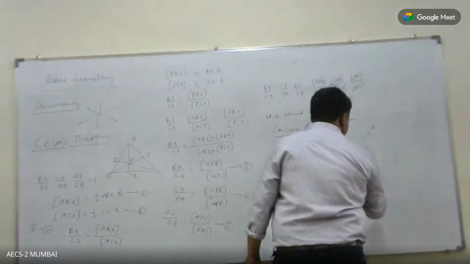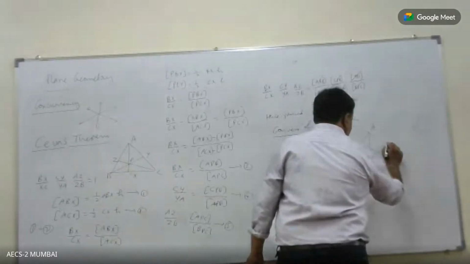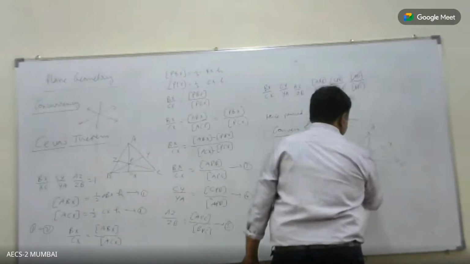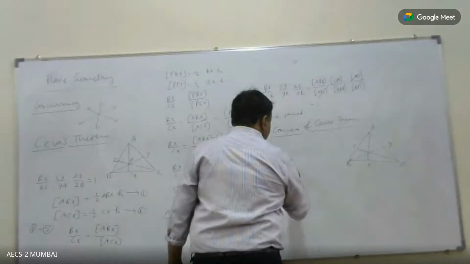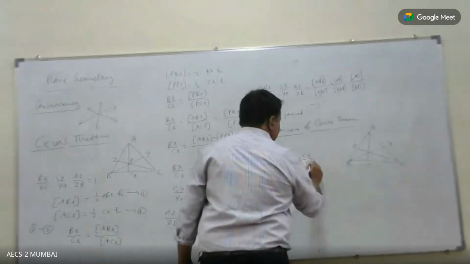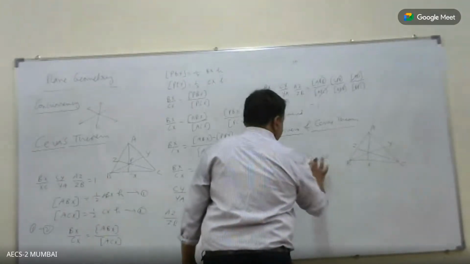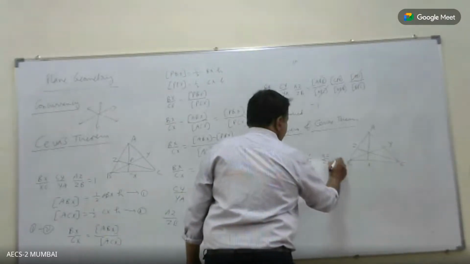So A, B, C, and AX, BY, CZ are the segments. We have the ratio Bx by Xc equal to Cy by Ya equal to Az by Zb equal to 1.